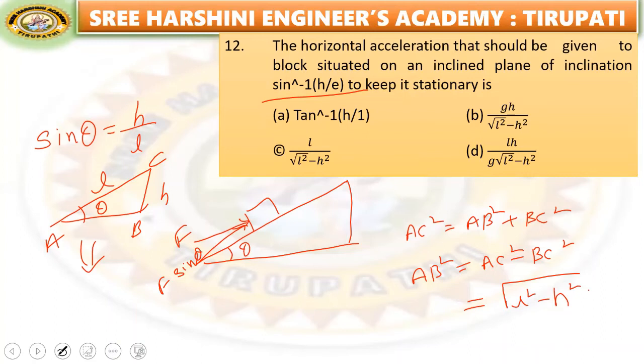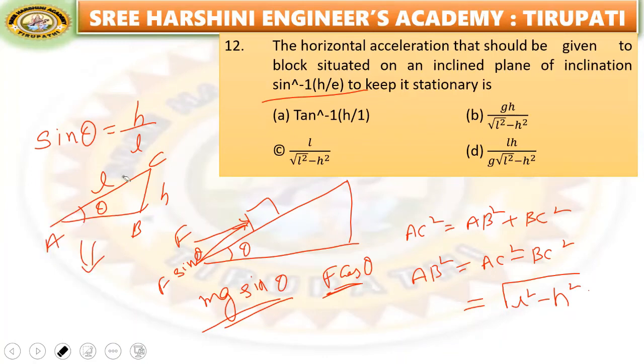So on a smooth inclined plane, the downward force is mg sin theta. The component of the horizontal force F is F cos theta, that is, Fx equal to F cos theta. Therefore, F cos theta is equal to mg sin theta.